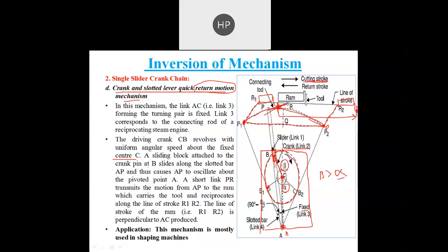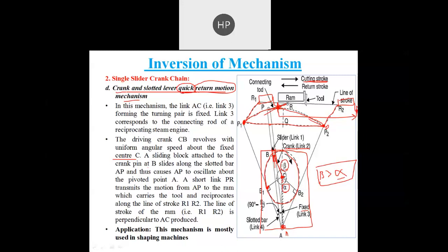That's why beta is greater than alpha, and in this case the cutting time is greater than the return time. That's why it is known as a quick return, because the return is quick compared to the cutting stroke, and that's why this mechanism is known as a quick return mechanism.